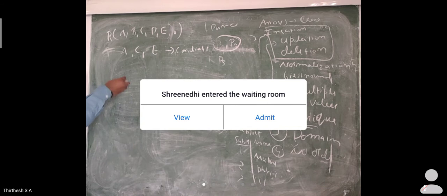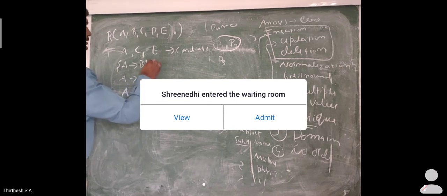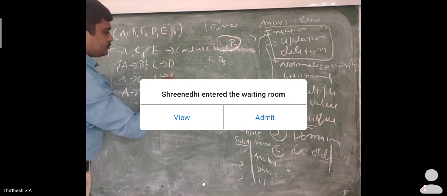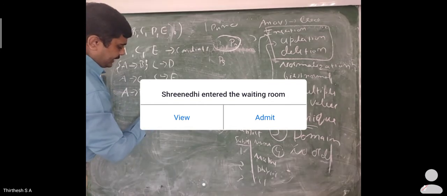Okay, so A will be related to B, it is a subset. Here A can be related to C or A can be related to D, and C can be related to D and C can be related to E. E can be related to D and E can be related to C.